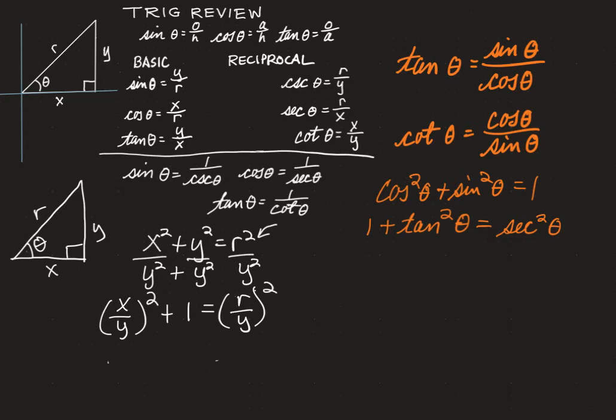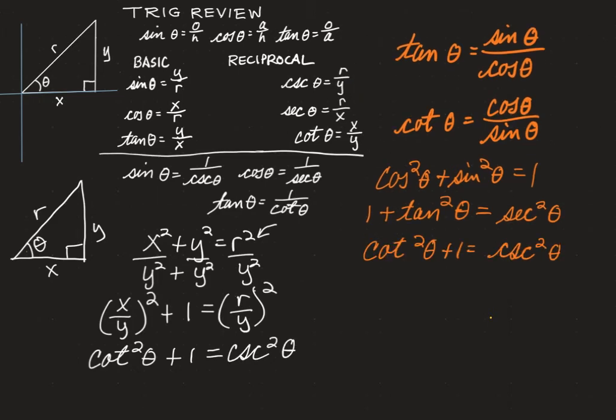Finding those ratios in the list above, x over y we have here as the cotangent of theta, and r over y is listed as the cosecant of theta. Therefore, we can put those into our formula down here. X over y squared would be the cotangent squared of theta. We add 1 to that, and it becomes equal to the cosecant squared of theta. So we have another identity.